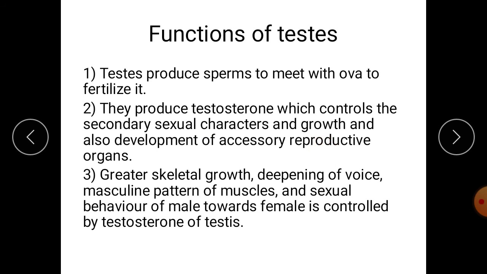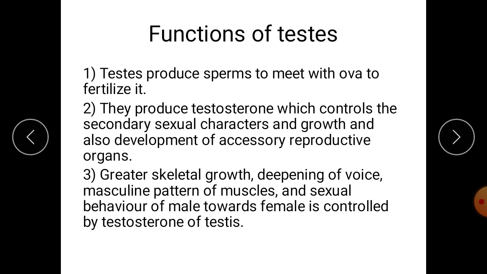Greater skeletal growth, deepening of voice, masculine pattern of muscles, and sexual behavior of male towards female are controlled by testosterone of testis. So testosterone is the male hormone, androgen, which is necessary for male sexual behavior.